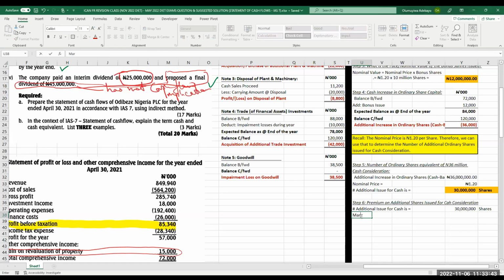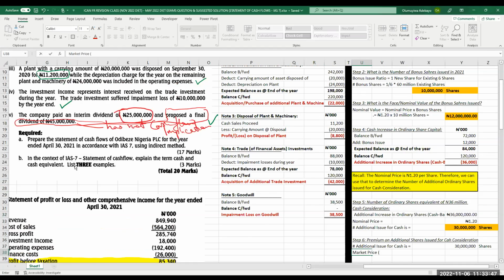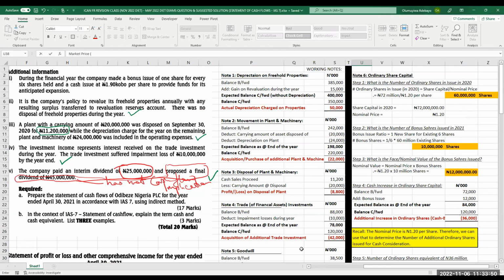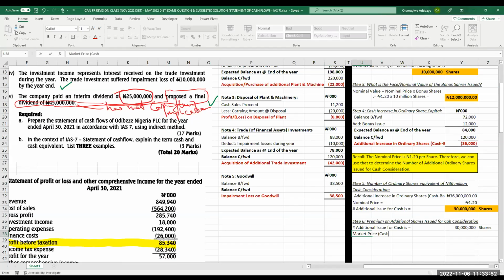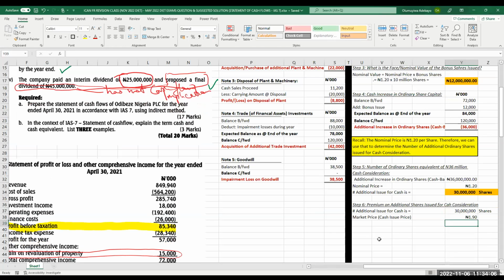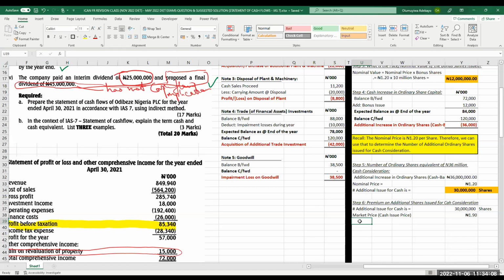Now, the market price, which is given to us here as the cash issue price, is 1 naira 90 kobo. The question then is, recall the nominal price is 1 naira 20 kobo. Therefore, what is the premium?